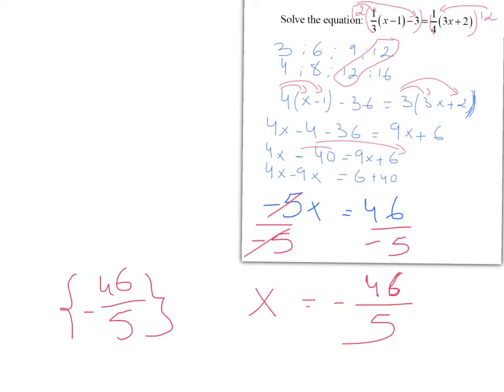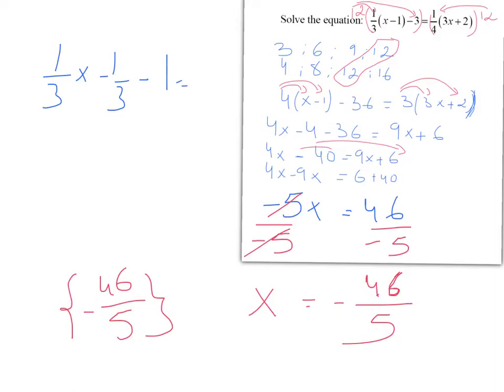There's another way: we can just distribute 1/3. It's going to be 1/3 x minus 1/3 times 3, which is minus 1, equals, and so on.